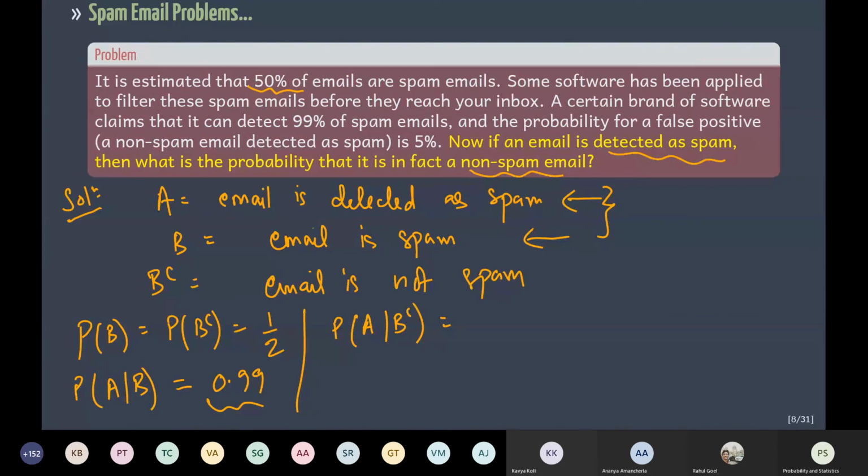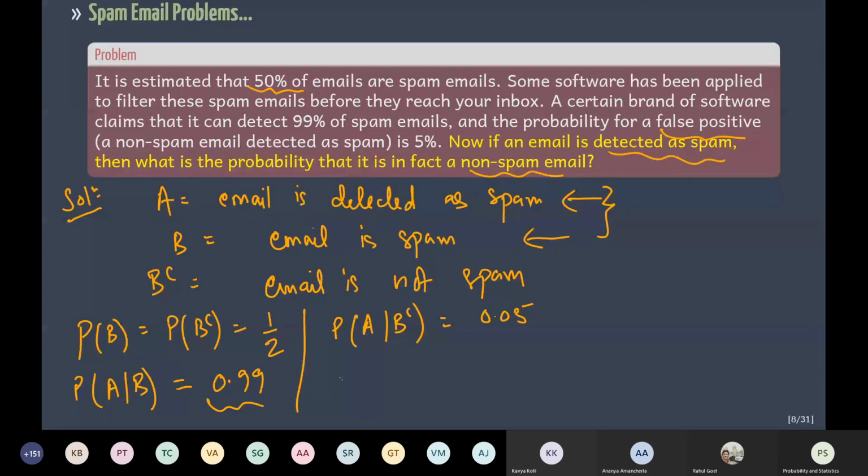This is the false positive case, which is 5%, so 0.05. It was not really a spam, but you flagged it as a spam, and the chance of that happening is 5%.